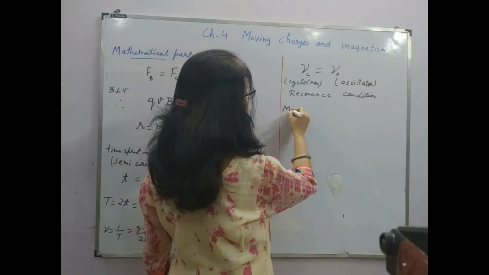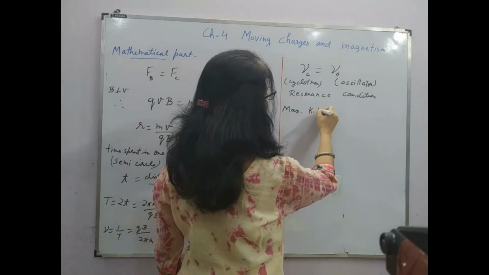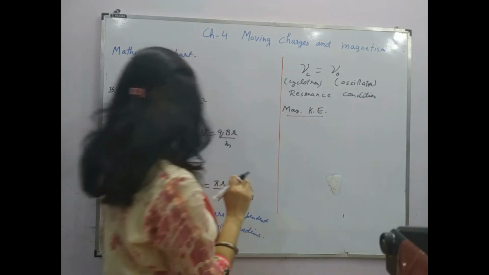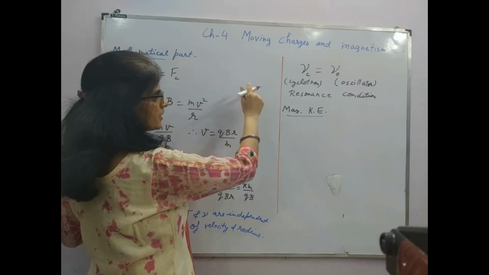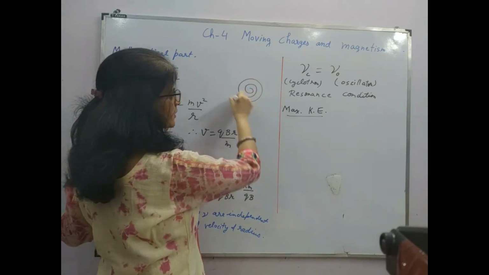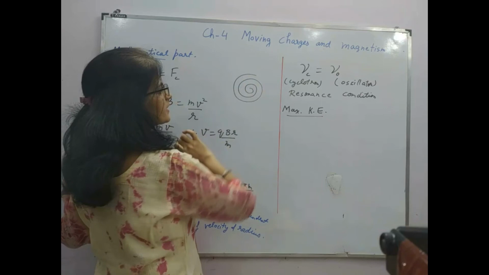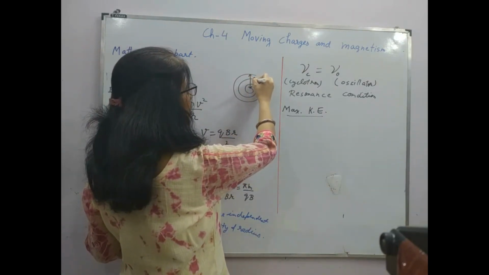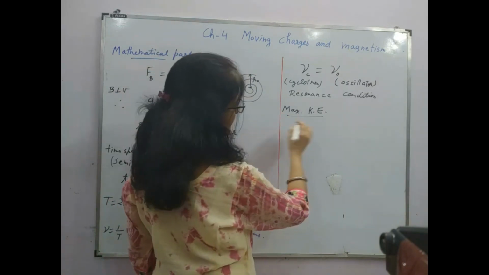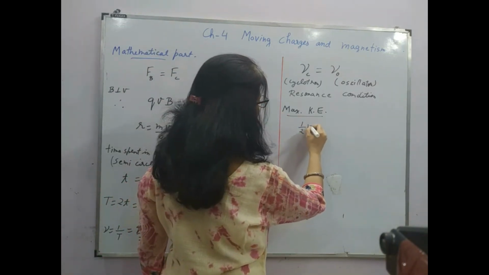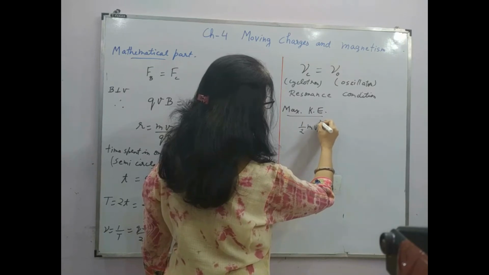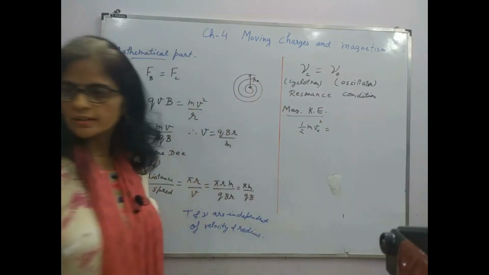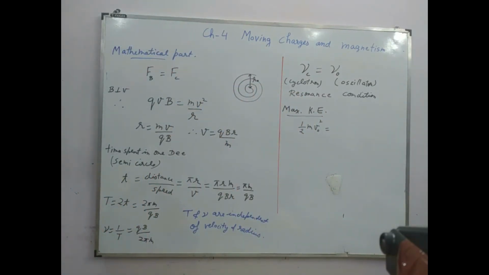Now let's talk about maximum kinetic energy. When the particle reaches the maximum radius position, that maximum radius position will be R naught, right? So I can say that half m v naught square is the maximum kinetic energy of this charged particle, right?